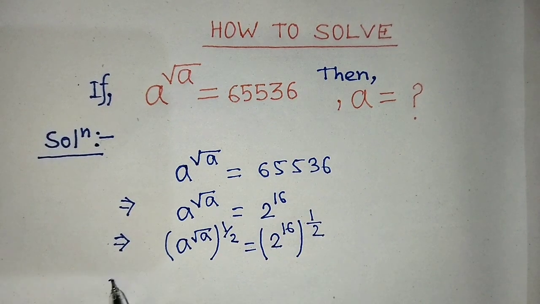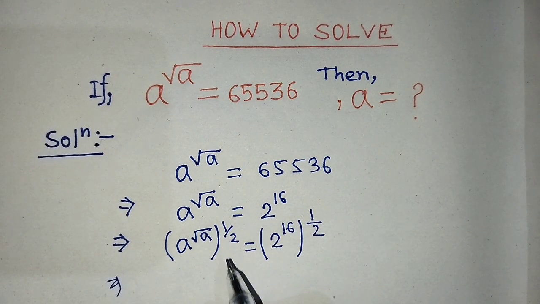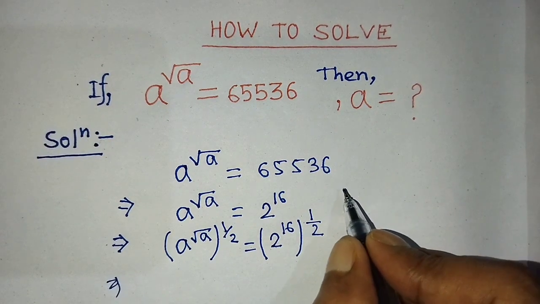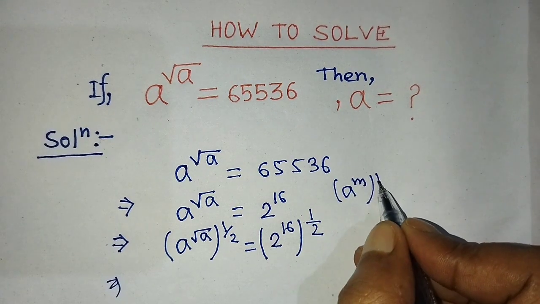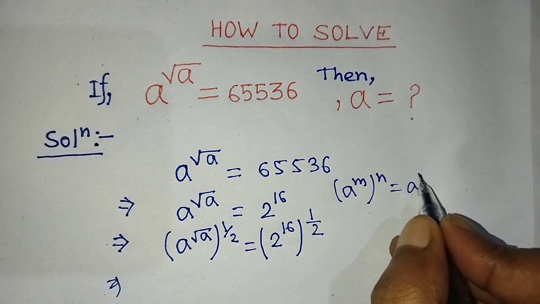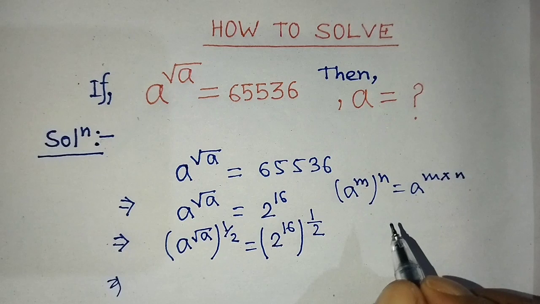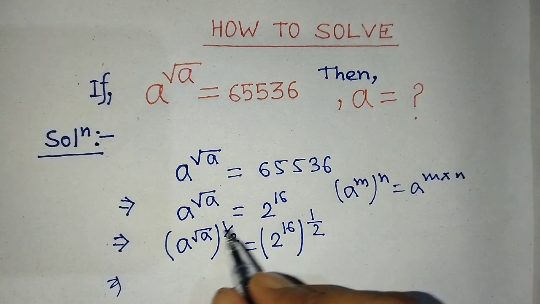So student, to simplify LHS and RHS of this equation, we have to apply the formula a to the power m whole to the power n is equal to a to the power m into n. So this formula we have to apply on this equation.